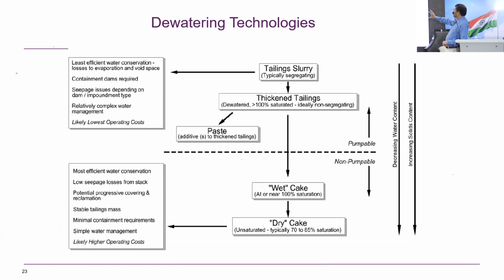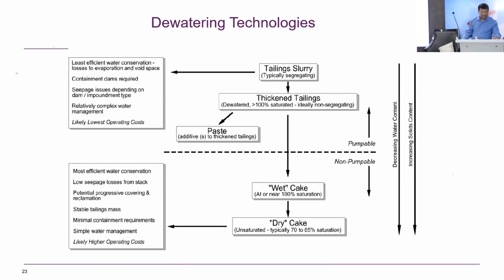From the tailings slurry, you can have thickened tailings. You dewater it, you develop a paste, and with further dewatering you can develop a wet cake or a dry cake. Most of you will call it the dry stack.